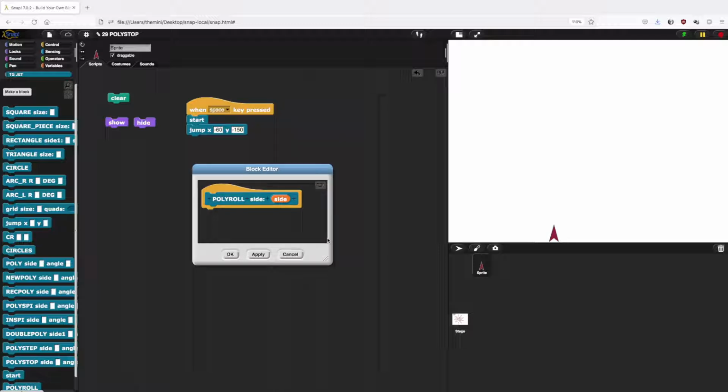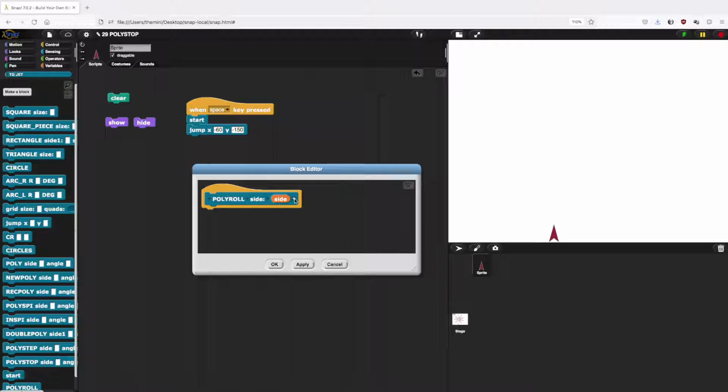And we also need an angle 1 and an angle 2. So this is the angle 1 and the angle 2.